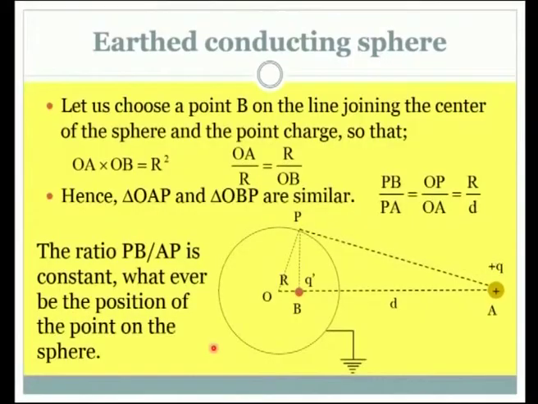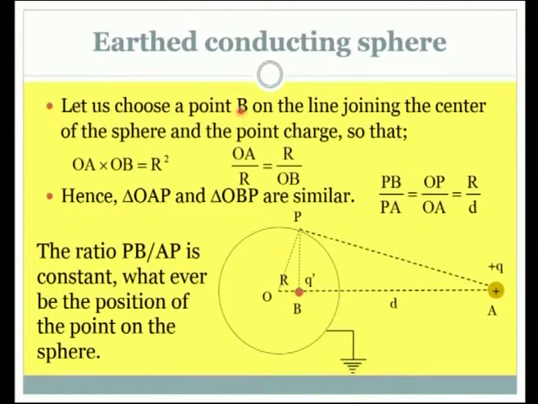Based on the plus q, we need to find out the sign of the image charge and also its magnitude, right. All that we will be able to do with one vital point, that is the potential at all points on the surface should be 0. That is the clue for us. Let us go ahead with the formulation.